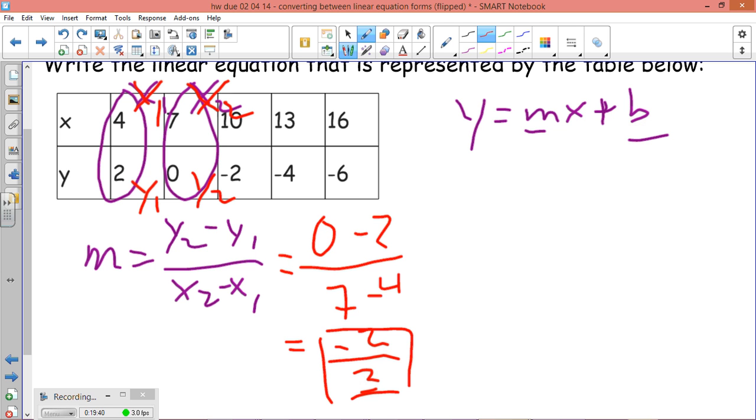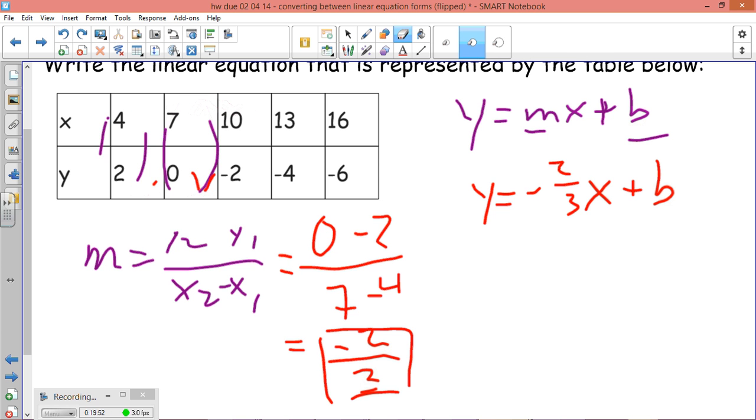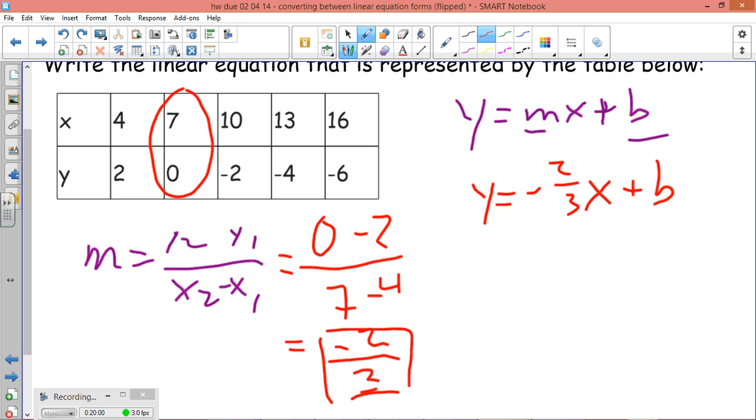Well, I've shown you how to do that. y equals negative 2/3 x plus b. To find my b, I'm just going to very temporarily replace x and y with any point. And I'm going to try to pick the easiest point. The easiest point is going to be the one with the 0 in it. Usually 0 and 1 are very easy to work with.